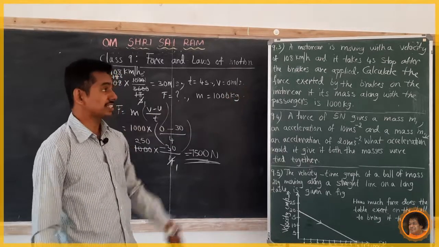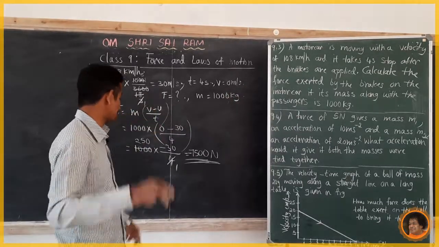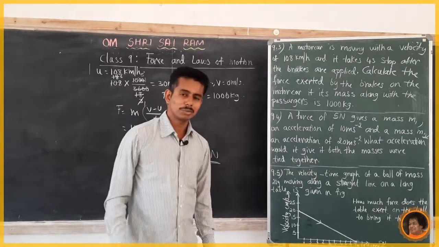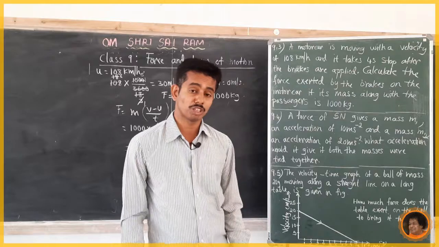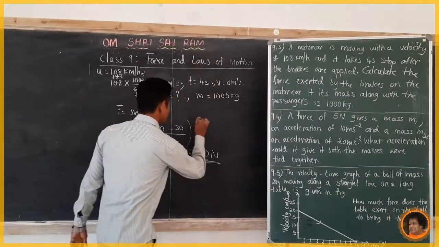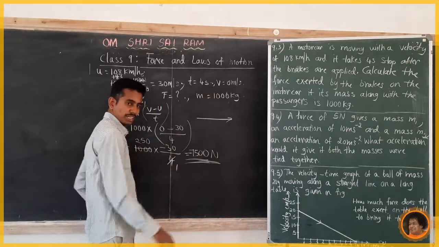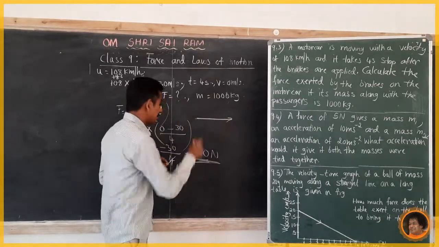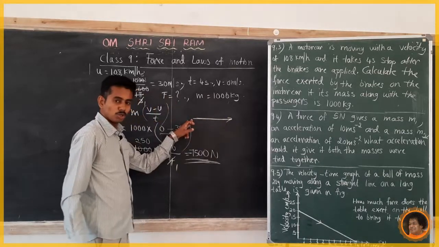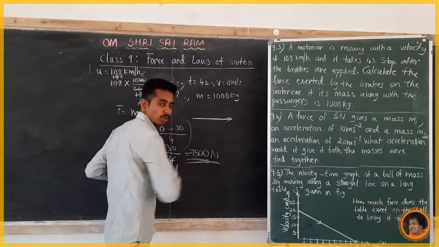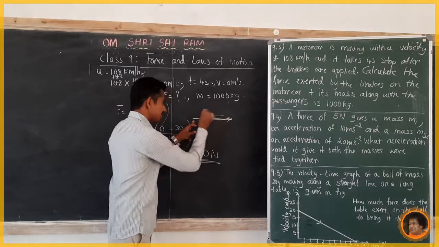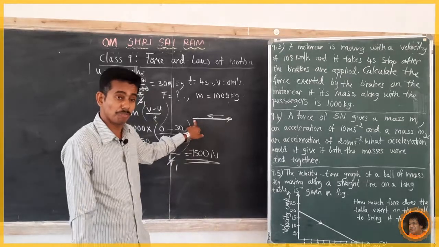What is the answer? The force exerted by the brakes on the motor car is minus 7,500 Newton. What is the meaning of minus 7,500? Why is it minus? Because the car is moving in this direction, and it comes to rest, which means the force exerted is opposite to the direction of motion.